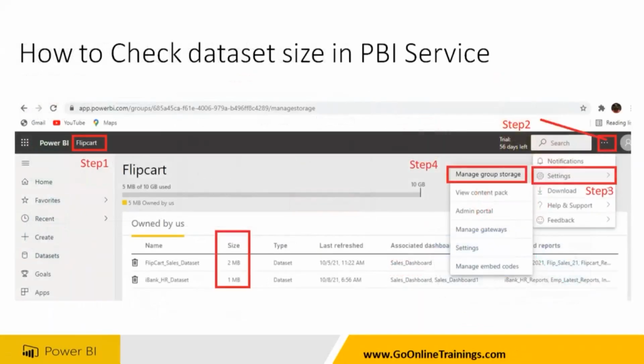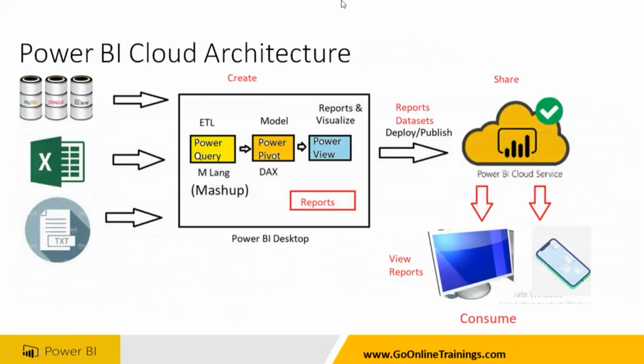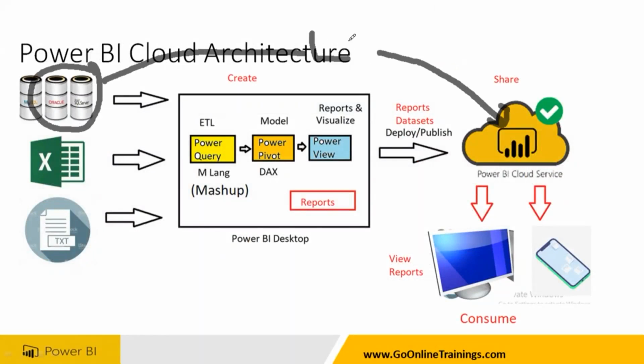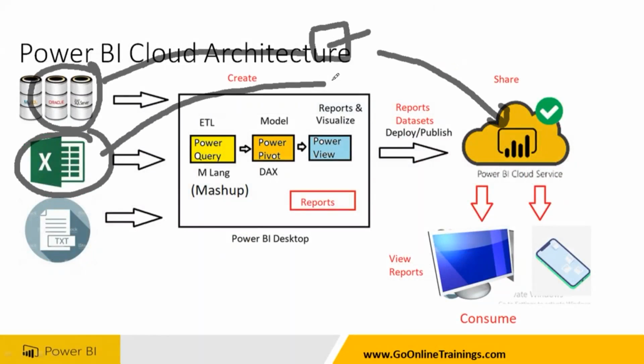Now, what you have to know is this: if you're getting the data from the SQL Server database to the cloud, you have to have one data gateway for this. And if you have one more report using another source, you need one more gateway for this.